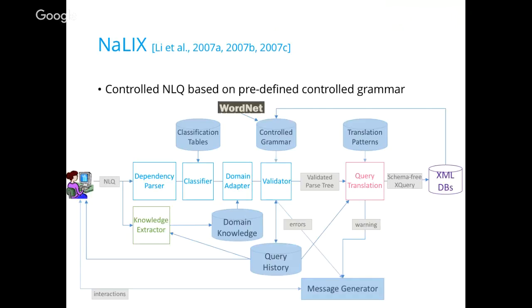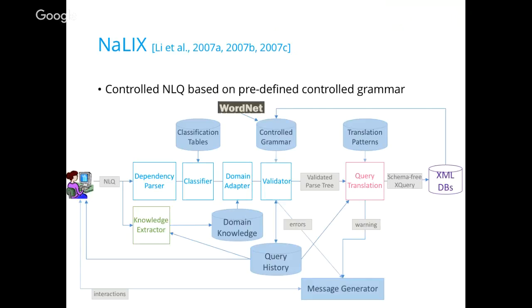I will give you more examples on those. And then it validates to say whether this path tree generated can be understood properly by the system. The domain knowledge it uses is built from the XML database to populate the controlled grammar. It also uses WordNet to do some term expansion.